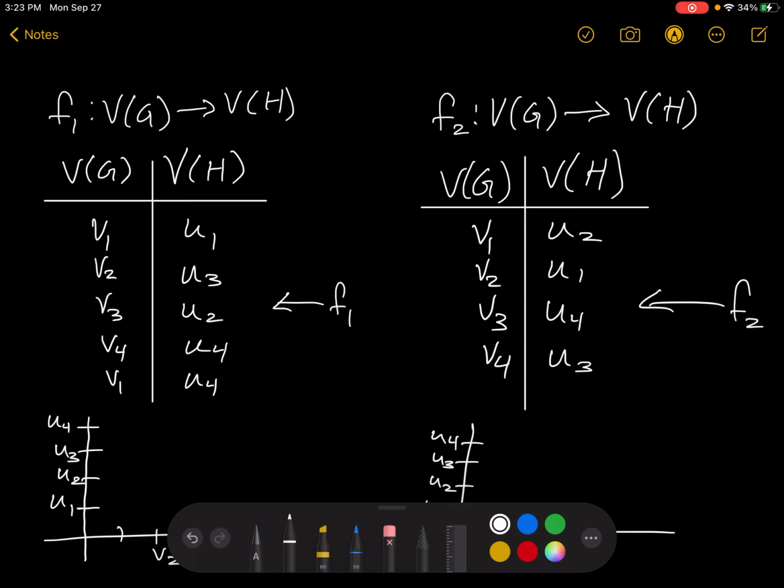But in any case, this notation still makes sense. This notation is saying this is the relation F1 from the vertices of G to the vertices of H, and this is the relation F2 from the vertices of G to the vertices of H.